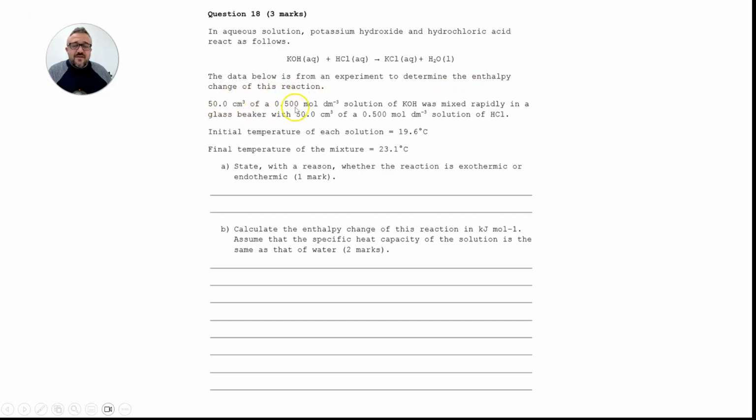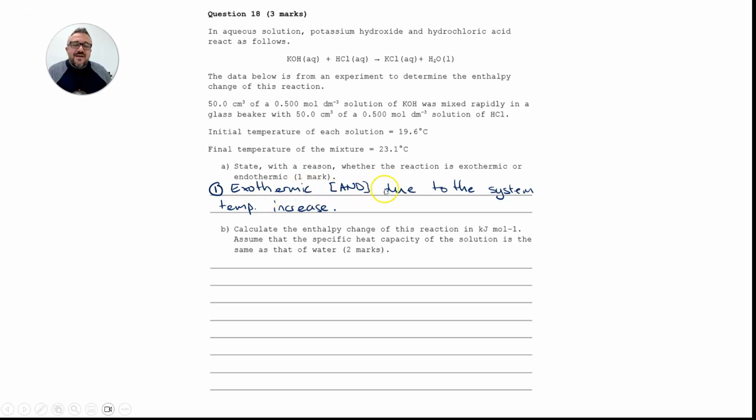So we have 50 centimeters cubed, or 50 milliliters, of 0.500 moles per decimeter cubed solution of potassium hydroxide, mixed rapidly in a glass beaker with 50 centimeters cubed of 0.500 moles per decimeter cubed solution of HCl. The initial temperature is 19.6. Final temperature is 23.1. State with a reason whether the reaction is exothermic or endothermic.